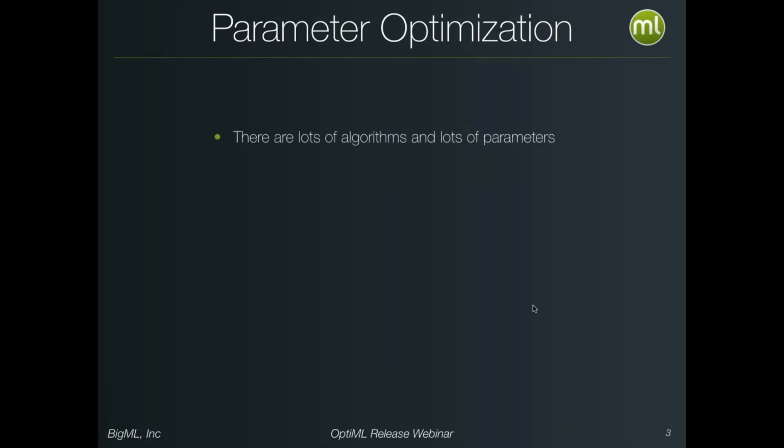And so the core problem we have when we try to do machine learning is this. There are lots of algorithms and lots of different possible sets of parameters you could use to parameterize those algorithms. And we don't have time to try even close to all possible algorithms and all possible parameter sets, right? There's an infinity of possible algorithms and possible parameter sets out there, and we definitely don't have time to try them all.